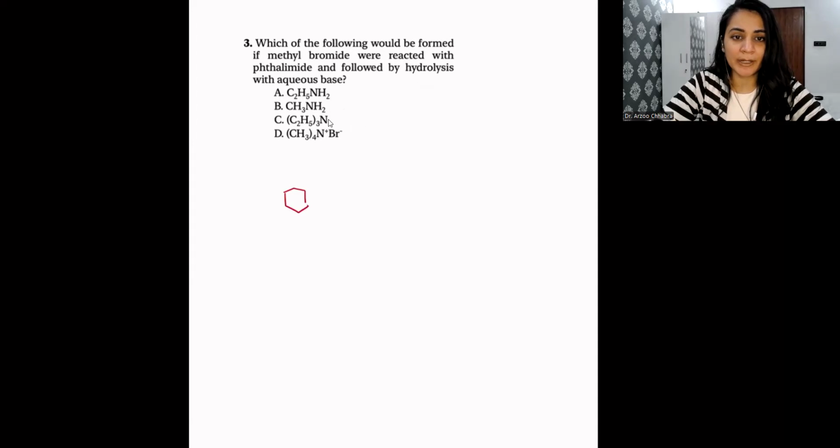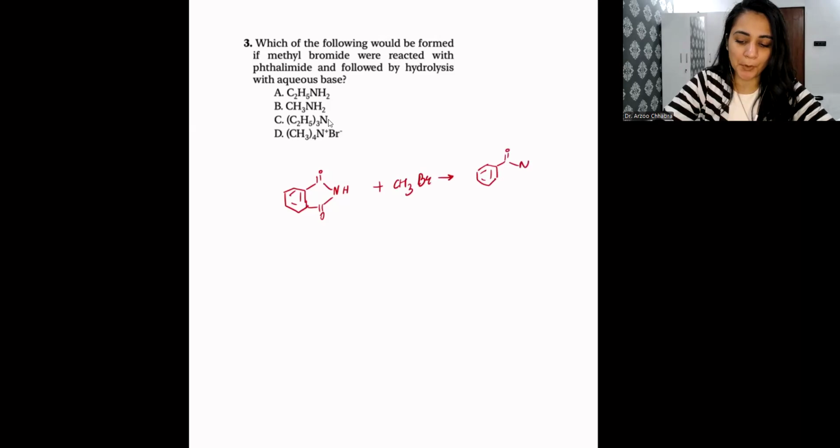So the reaction of phthalimide with methyl bromide is the Gabriel synthesis, right? The Gabriel phthalimide synthesis. So it first forms methylated phthalimide, right? That's the first step.